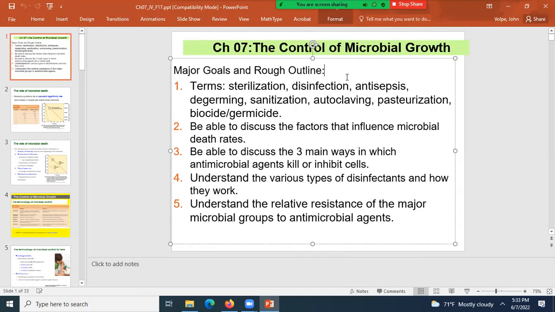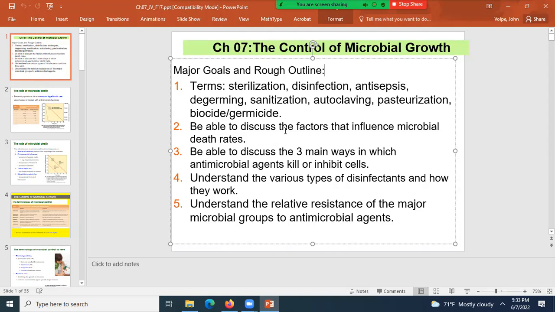good understanding of. Know the terms, know what sterilization is, disinfection, antisepsis, degerming, sanitization, autoclaving, pasteurization, what's a biocide, what's a germicide.